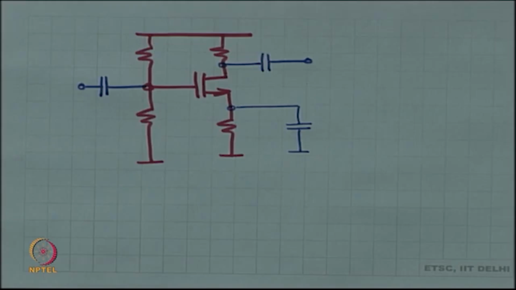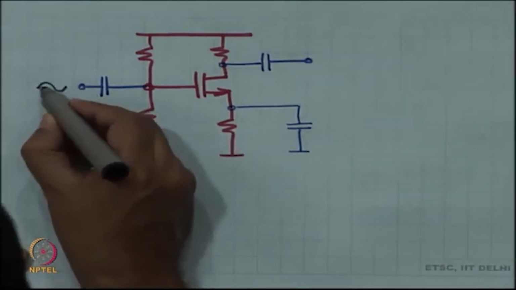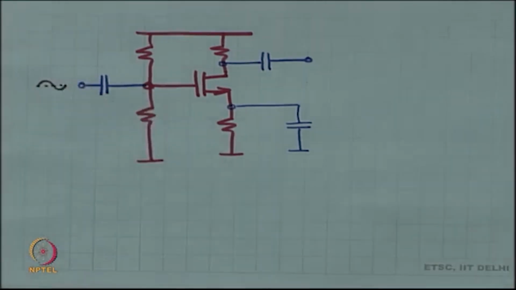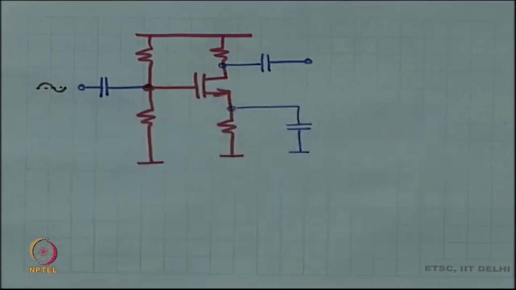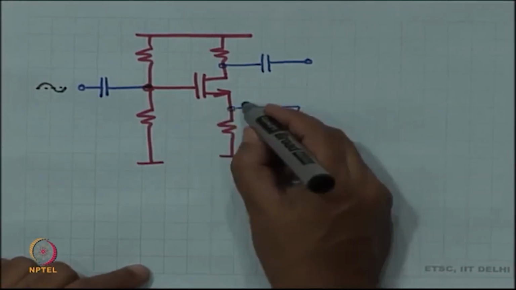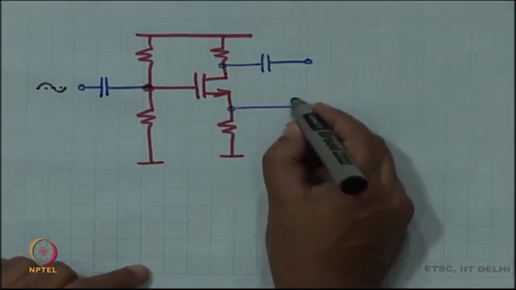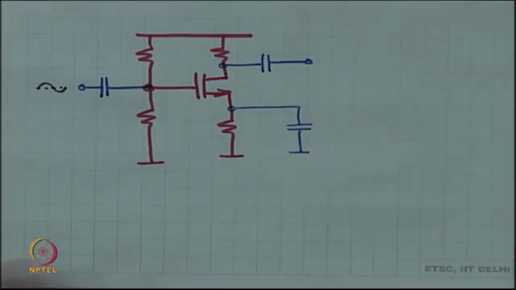Now, I am going to be changing the voltage over here. That is going to change the voltage over here, and that is going to change the current. The DC current is still going to flow through the resistor. The small signal current, or rather the incremental current, is going to come through the capacitor. All of this is going to hold true no matter what.